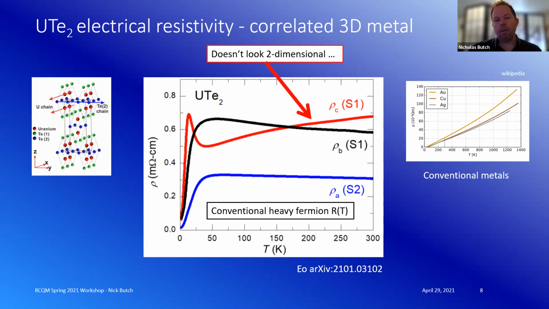There's another kink in the magnetic susceptibility, as I mentioned, around 10. This peak is around 10 or 12 Kelvin, or maybe 15. There are also thermal expansion data that suggest something might be going on in that temperature range.